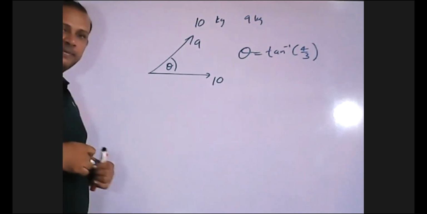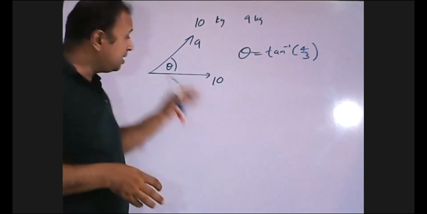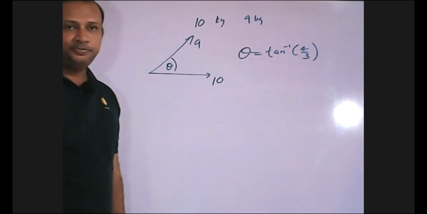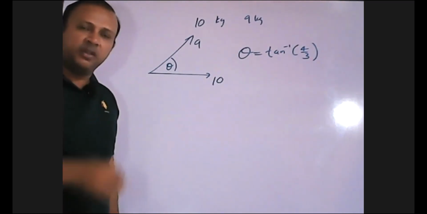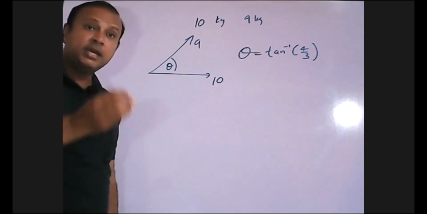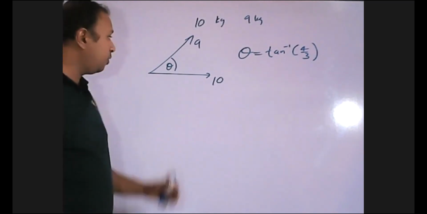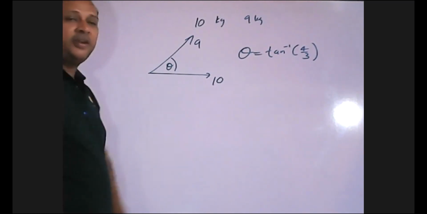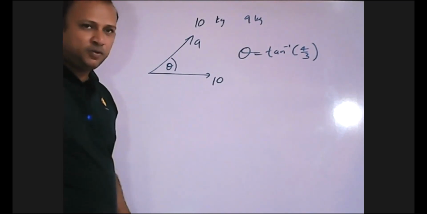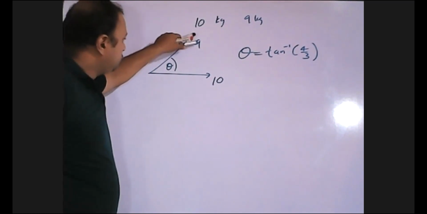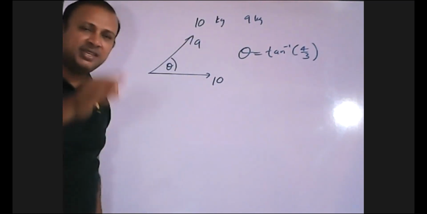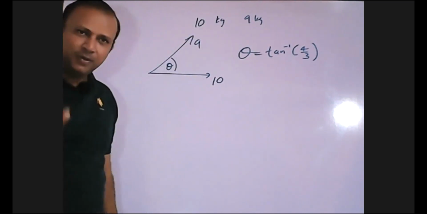Those are the data that we have. If you want to find the resultant force, you have to calculate cos theta. Otherwise you cannot find the resultant, because now you know the two forces and only need cos theta.